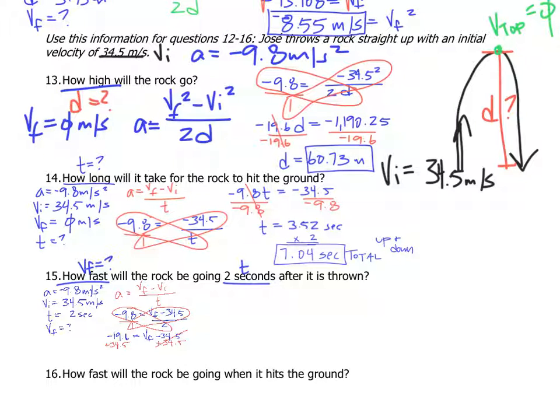When I do that, these cancel, and a negative 19.6 plus a positive 34.5 gives me a positive 14.9 meters per second. That is how fast it's going after 2 seconds.